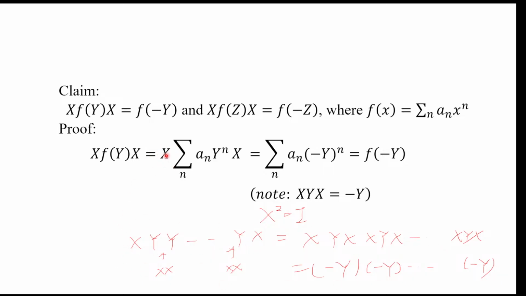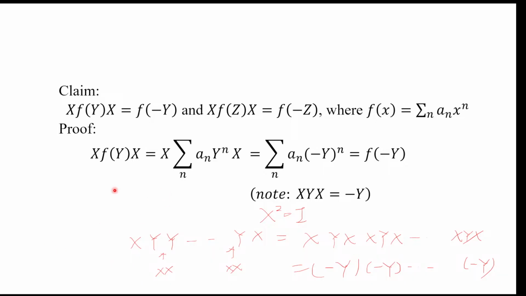Yeah, so we can use linearity. You can put this X sandwiching in the middle, so you have some terms with X Y^n X. And you think about what's X Y^n X.